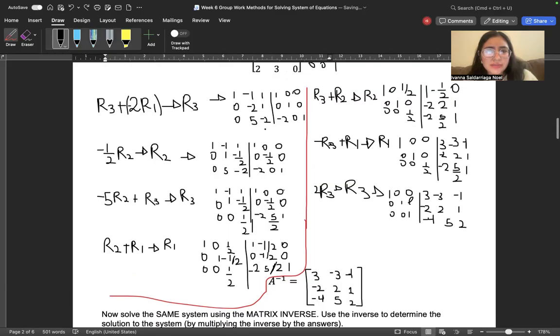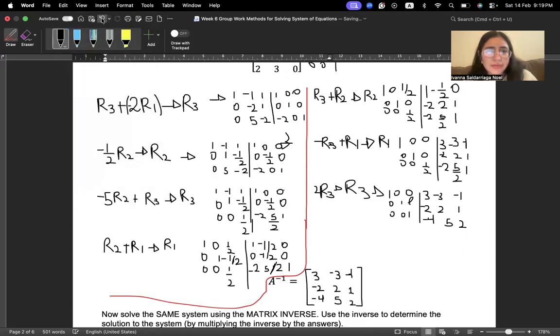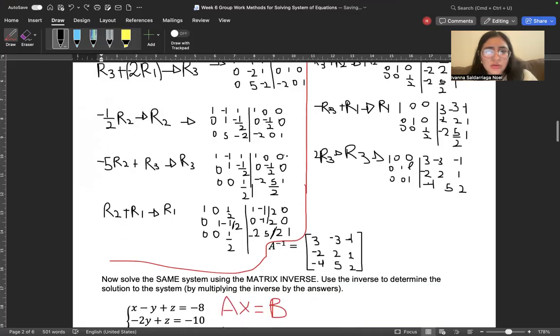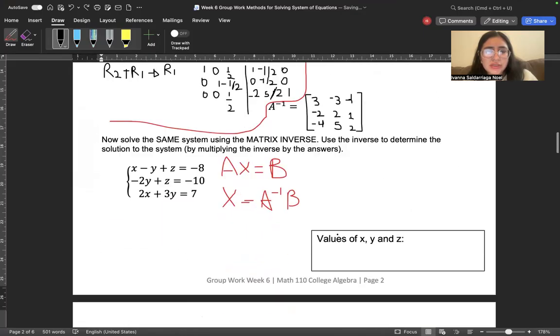R3 is this, minus, it becomes this. But at the end I ended up getting this inverse. So this is the formula that you need to use to find x, and this is b.